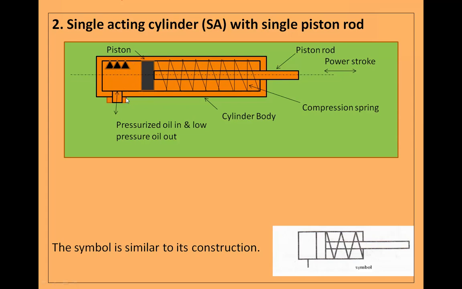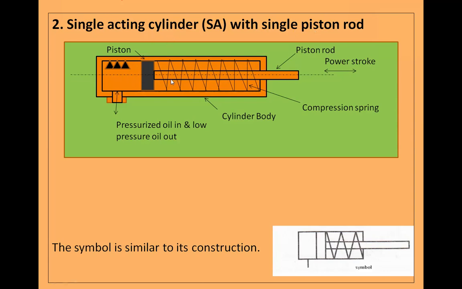In a single acting cylinder, the same port is used to take in pressure and to take out the fluid. This is a single acting cylinder with a single piston rod.